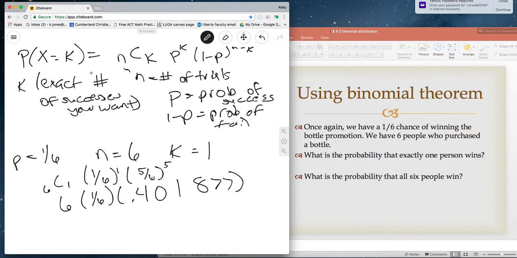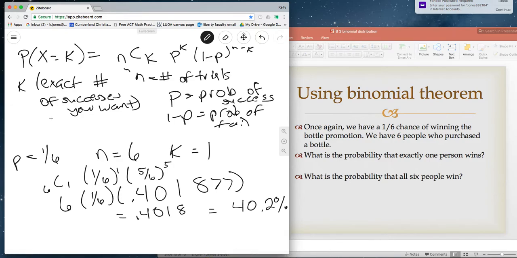And it should make sense here that those 6's actually just cancel out, so I really didn't need to put that in my calculator. We get this same number, 0.4018 and so on, which basically means a 40.2% chance that exactly one of us will win if we play that Coke bottle game and we all buy a Coke.